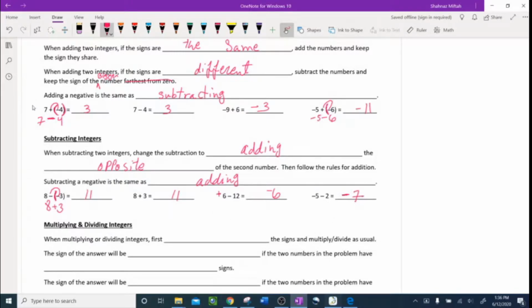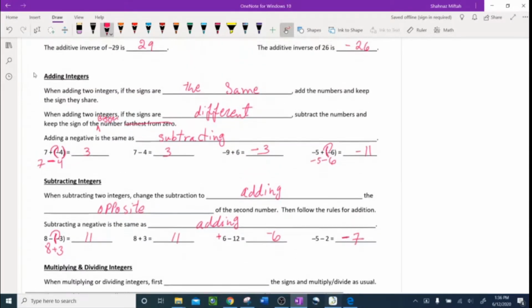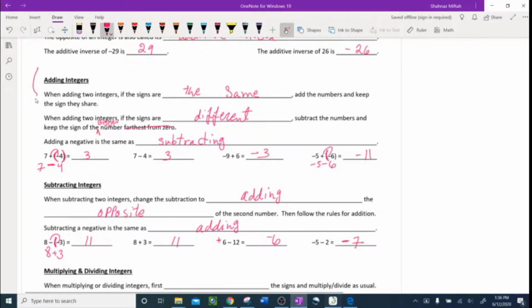For all of this, I'm going to give you something really, really easy so you can remember all that. First, if we are adding or subtracting, this rule is only for adding or subtracting.